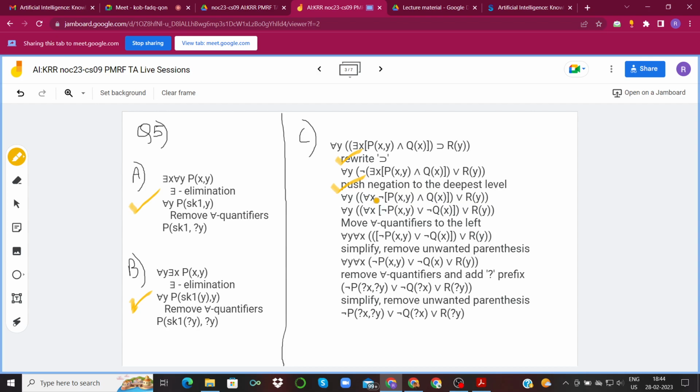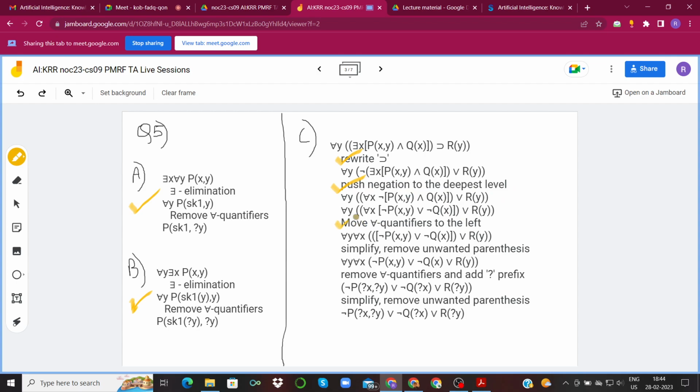So you have for all x, the not of p x y and q x, or r y remains as it is on the other hand. And then you push this negation even further inside this particular part. So this becomes for all y, for all x, not of p x y, or, since this and becomes an or, not of q x. So you have pushed the negation to the deepest level.